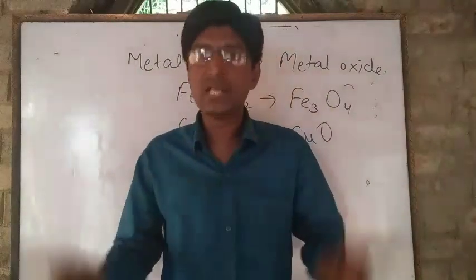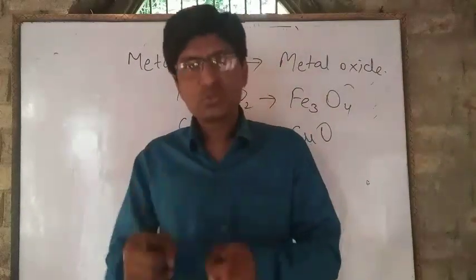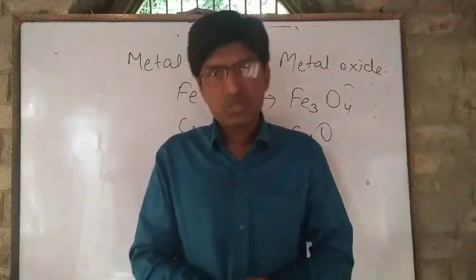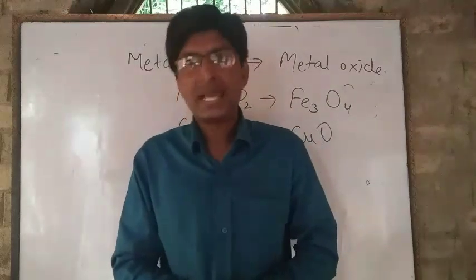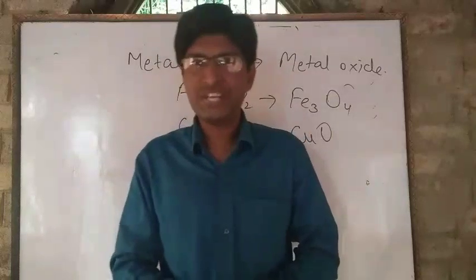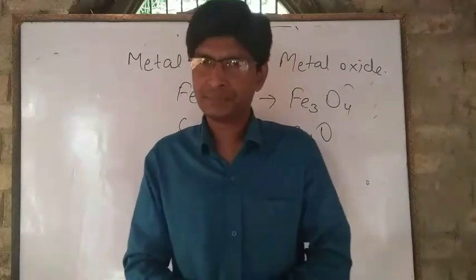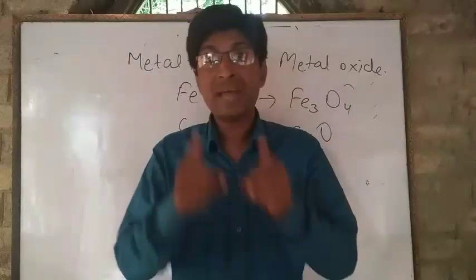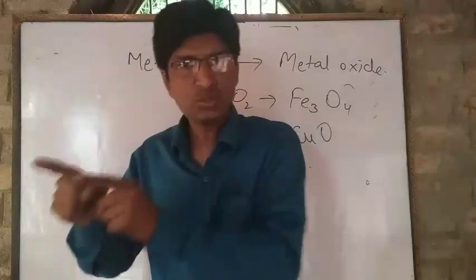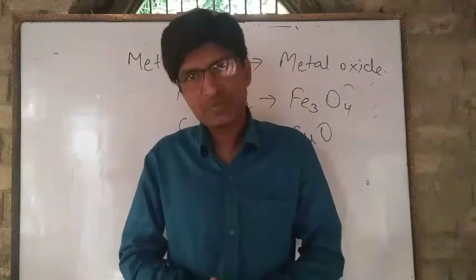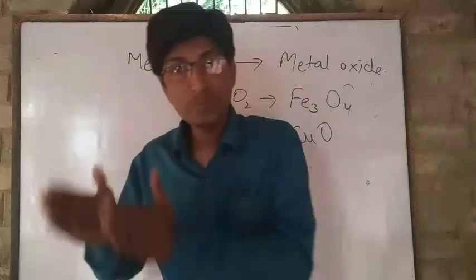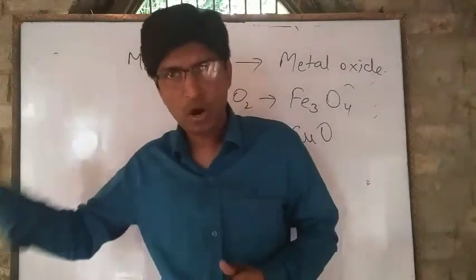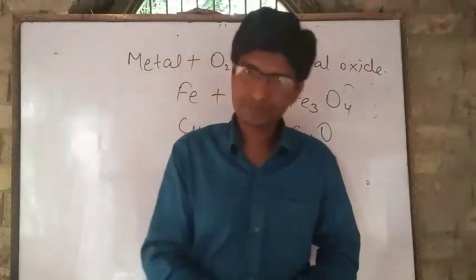Dear students, when a metal reacts with oxygen, it produces metal oxides, and metal oxides are generally basic in nature. Sodium, potassium and calcium can react with oxygen at atmospheric temperature, at room temperature, and form their oxides.